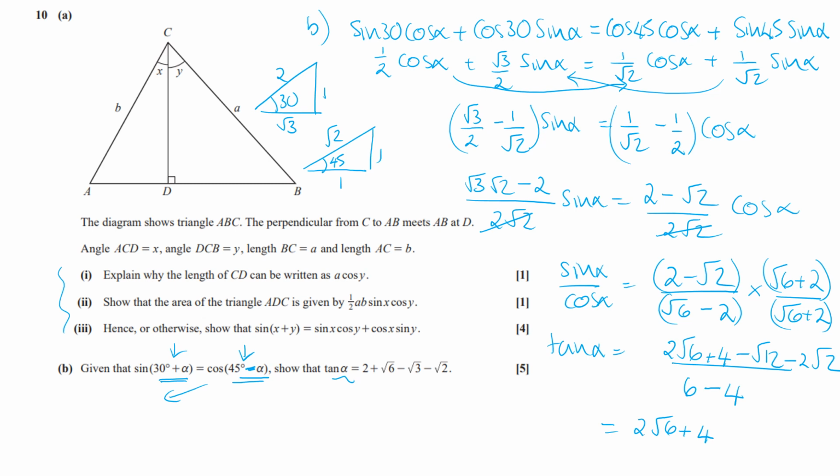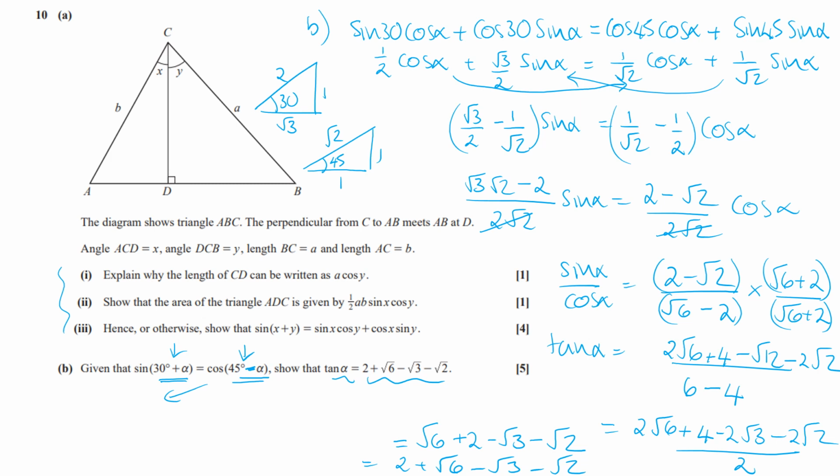The 4 will come out as 2, so that's minus 2 root 3 minus 2 root 2 all over 2. And then all we need to do is cancel by 2 throughout, so that's going to be root 6 plus 2 minus root 3 and minus root 2, which is what they've got there. So that's equal to 2 plus root 6 minus root 3 minus root 2.